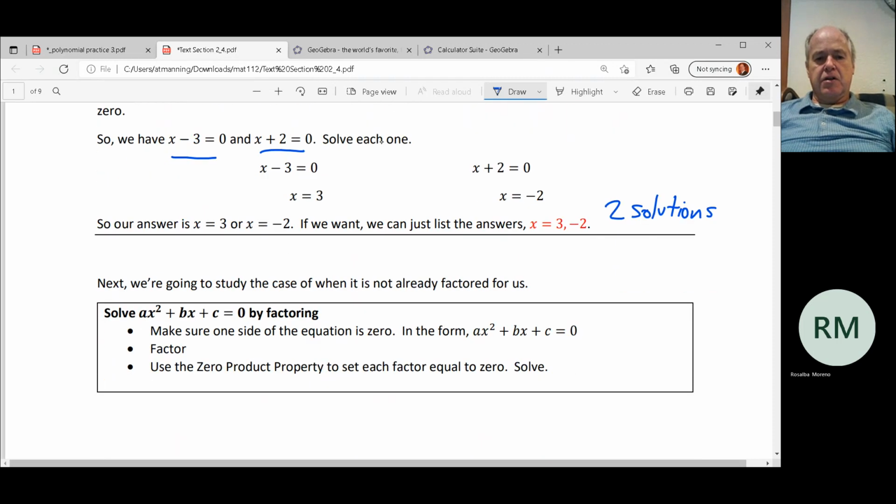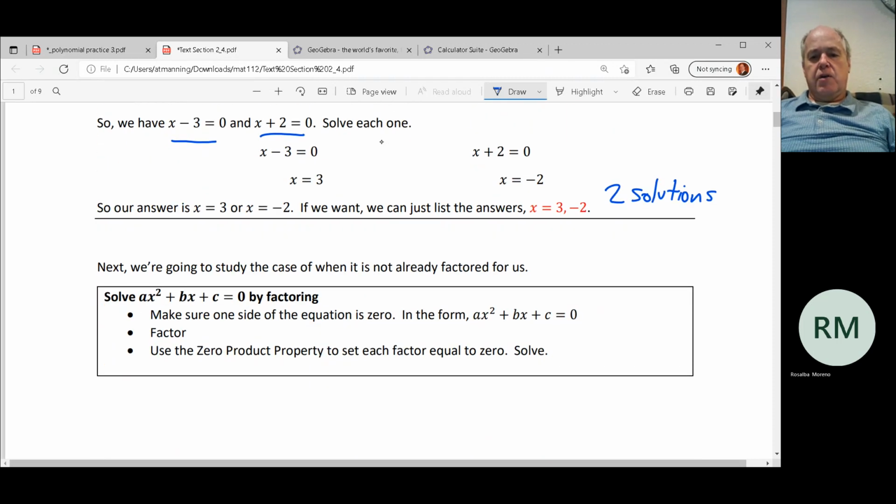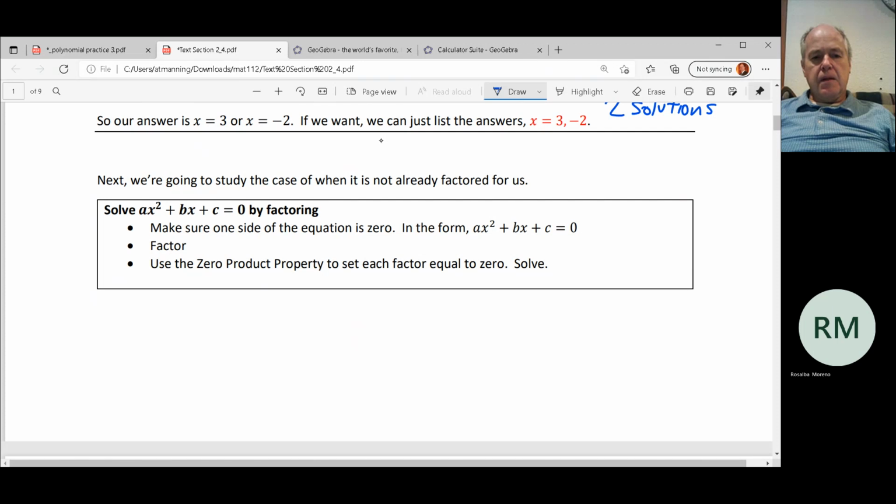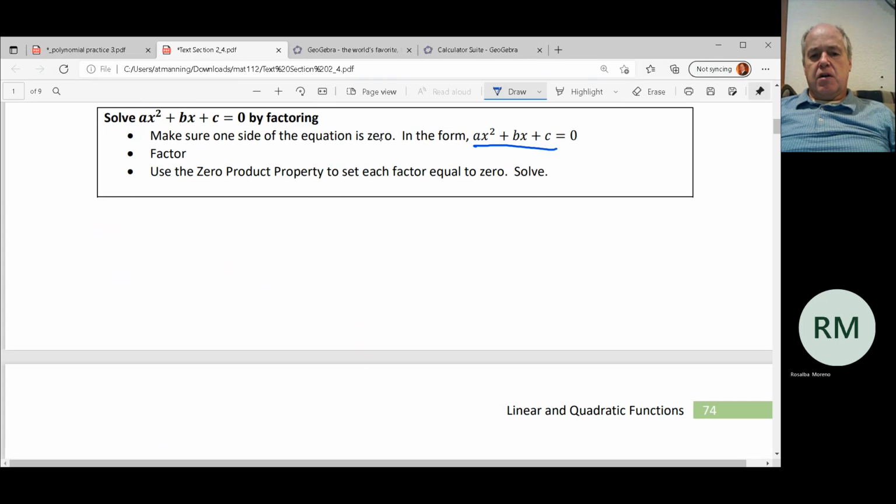All right, now let's get going here because we want to get to the quadratic equation. The general form of this function, a times x squared plus bx plus c, a, b, and c are non-zero. Well, we need to solve for that.